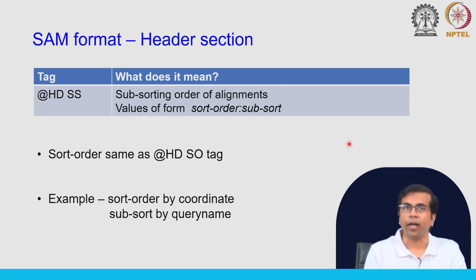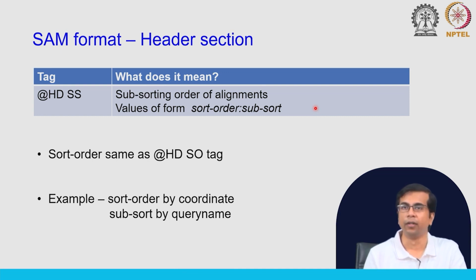Beyond the SO tag, which is the sorting order, you can also have something called sub sorting order. This is given as sort order, colon, sub sort. Now what is this sub sorting? If you have sorted these alignments based on something, for example based on reference position or the coordinate system where they actually map, you can do a sub sorting after the first sorting, using the query name, for example.